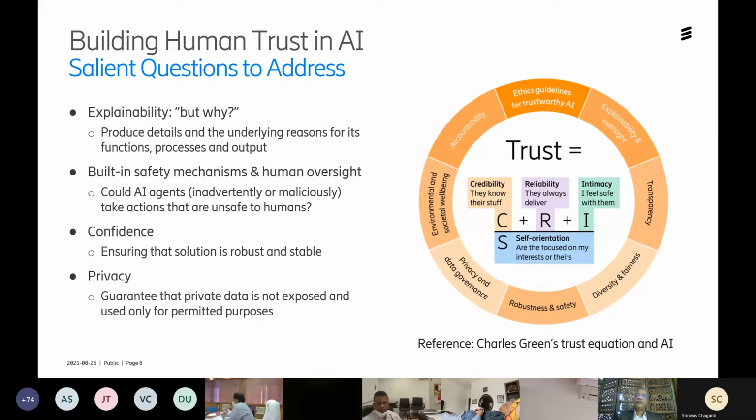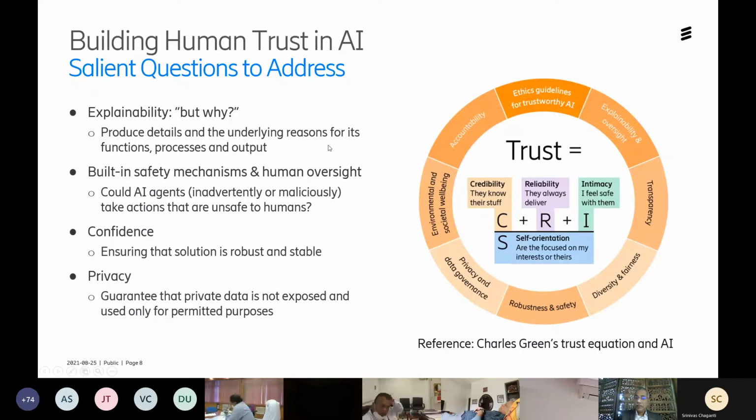So that equation is central to understand, and this trust equation that I am showing here is not specific to AI/ML. It's a broader human nature related perspective of trust, but that just as well applies to AI/ML.